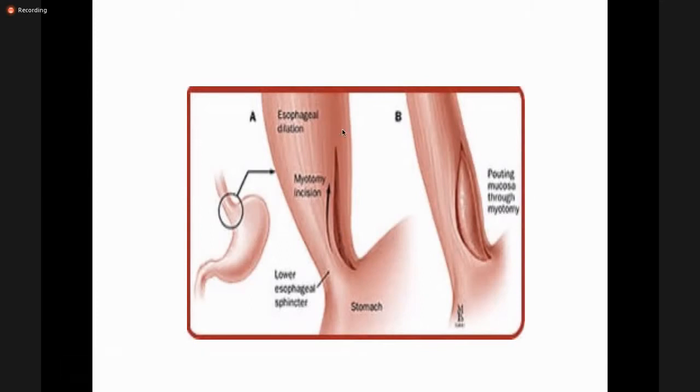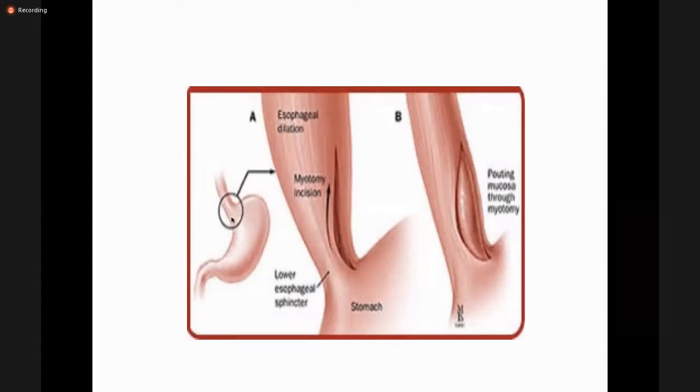See, this is the muscular tube, and a cut is given over the serosa, and then all the muscles are cut. This cut is around 5 centimeter: 3 centimeter over the esophagus, and 2 centimeter in the cardia, crossing the junction, and over the upper stomach. 2 centimeter here in the stomach after the junction, and 3 centimeter above the junction.